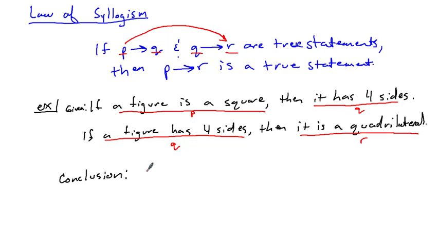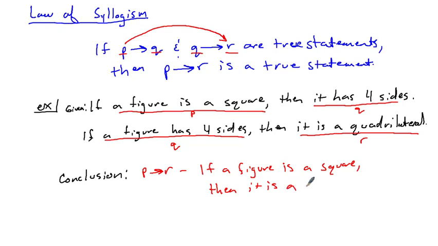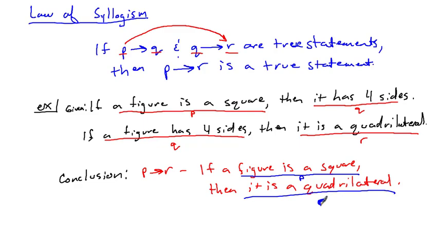So our conclusion would be if P, then R. P implies R. So we're going to write, if a figure is a square, then it is a quadrilateral. Okay, and that is an example of the law of syllogism. So that was our P, that was our R, and that's it.